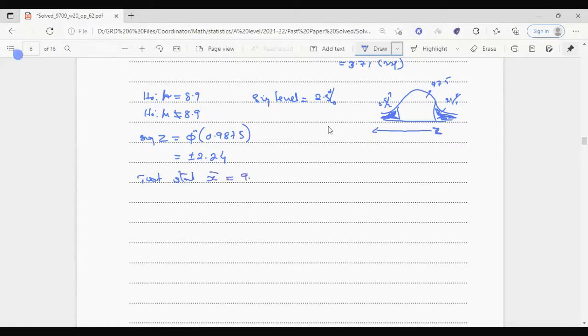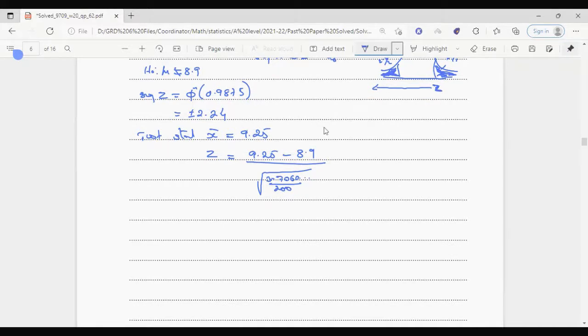Now your test stat x bar is given to be 9.25. So converting this x bar to z, this will be 9.25 minus 8.9 over the square root of the variance you have already found out, 3.7060, etc., divided by 200, which is equal to 2.57 to 3SF. Now this 2.57 is greater than 2.24.